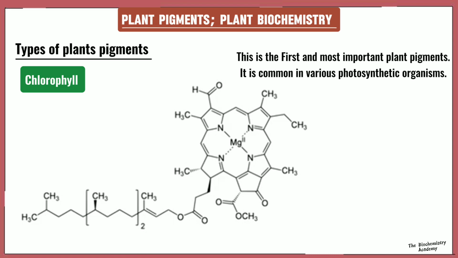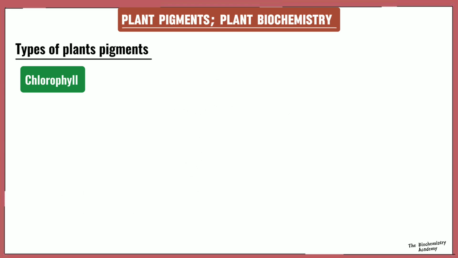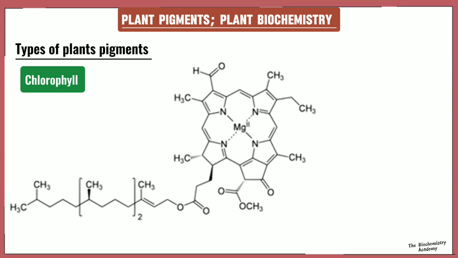It is common in various photosynthetic organisms, and there are two types of chlorophyll that appear in an organism that is capable of carrying out photosynthesis. These types of chlorophyll are chlorophyll A and chlorophyll B. Now, in the structure of chlorophyll, there are large molecules having a cyclic portion which binds a metal ion.